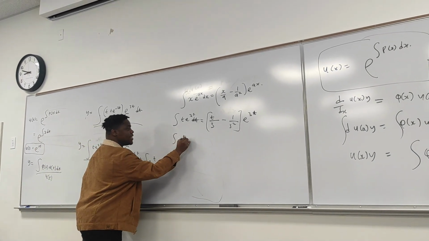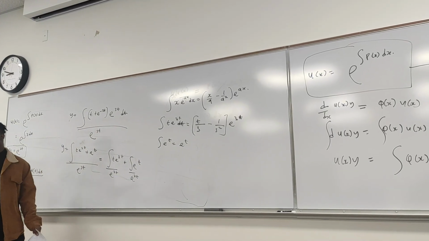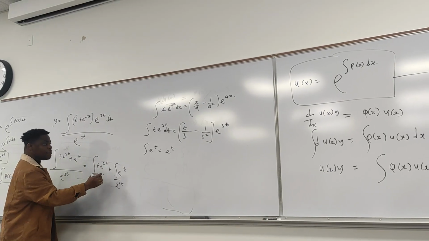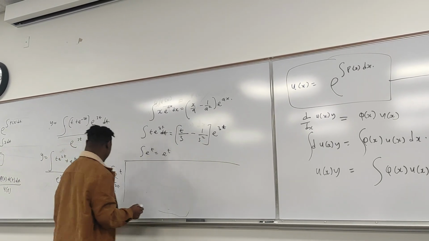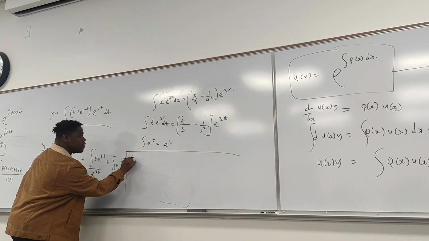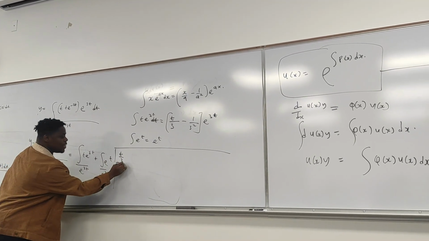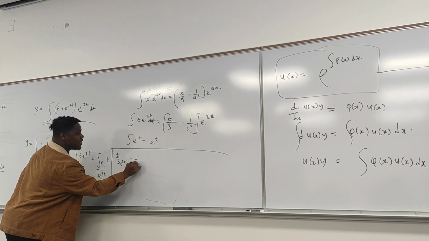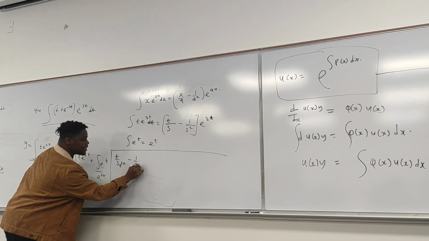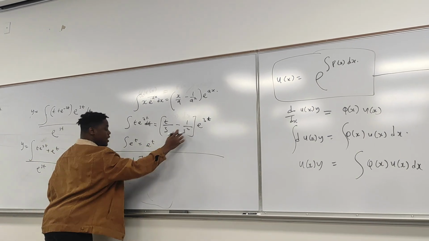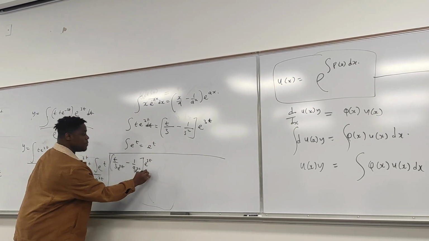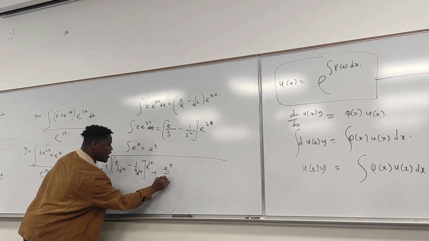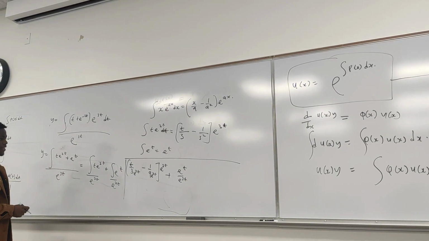Integral exponential t is exponential t. Am I right? Integral exponential t is exponential t. So we have this now and this. Let's put everything together. It becomes t over 3 times exponential 3t, minus 1 over 9 exponential 3t, then multiply by this exponential 3t here, plus exponential t over exponential 3t, that's this guy here.